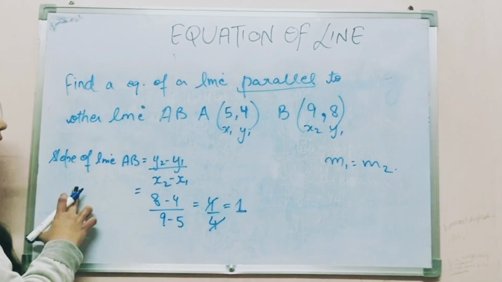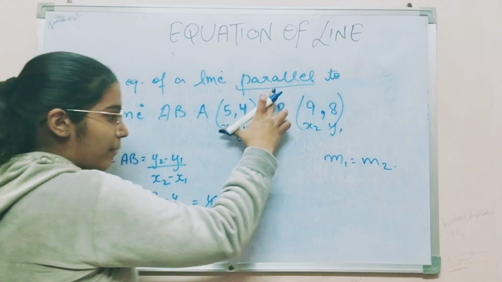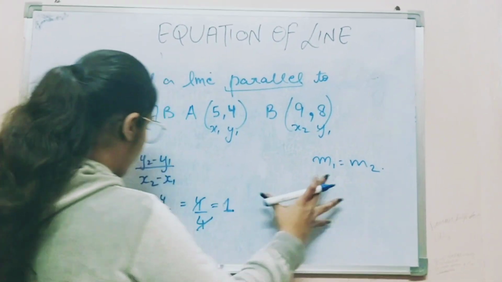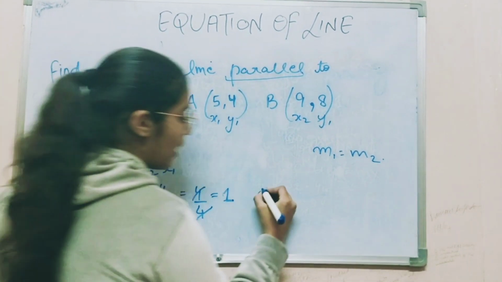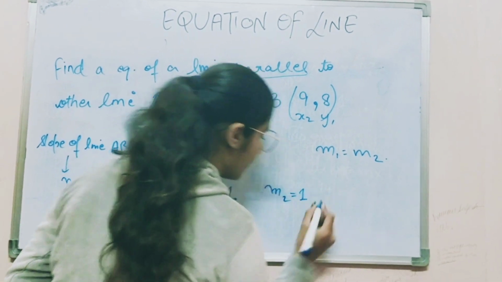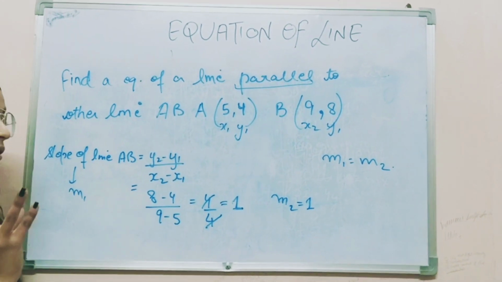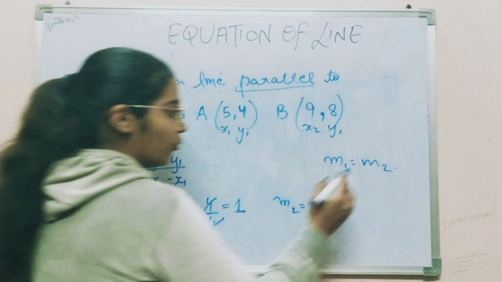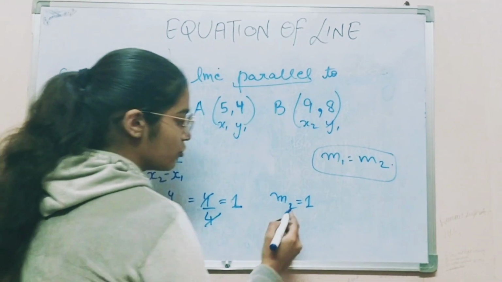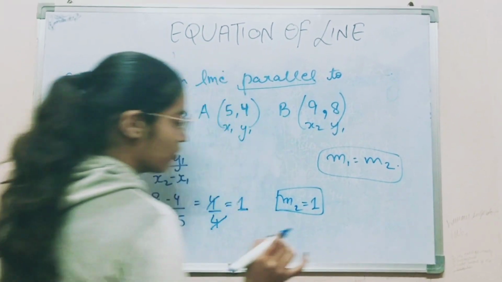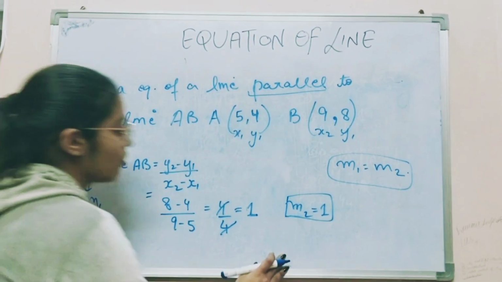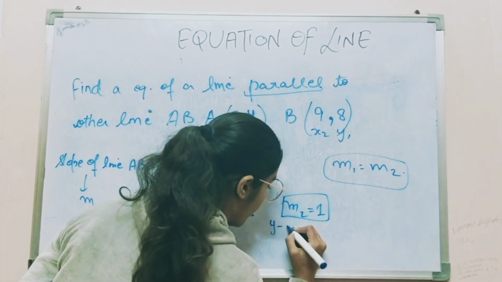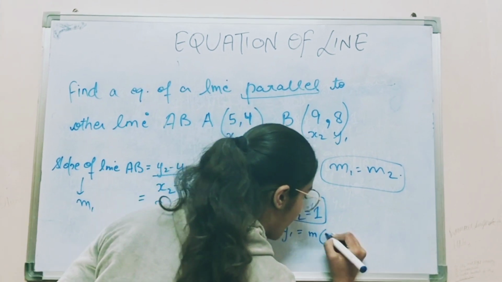Now I have to find the equation which is parallel. So according to this formula we can suppose that the slope of line AB is m1 and our m2 will also be 1, because according to the formula of parallel we know that m1 equals to m2. So now I can easily find the equation of a line using this formula, y minus y1 equals to m times x minus x1.